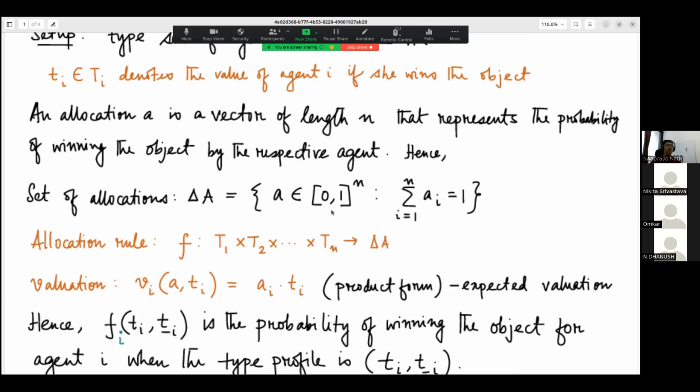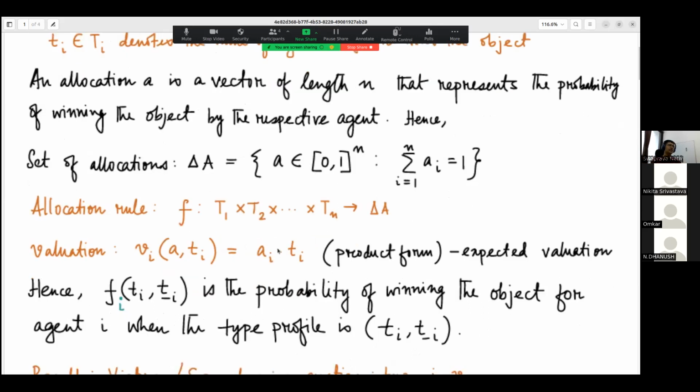That means if, say, A2 is equal to 0.2, then player 2 has a 20% chance of winning this object. So that is the outcome. This is typically what is called the randomized mechanism or randomized auction, where we are trying to give the object not in a deterministic way, rather in a randomized way.